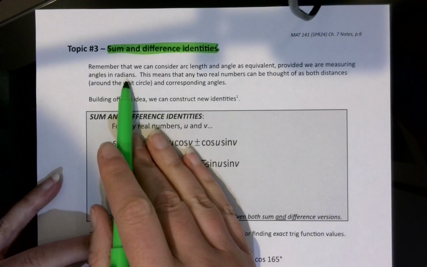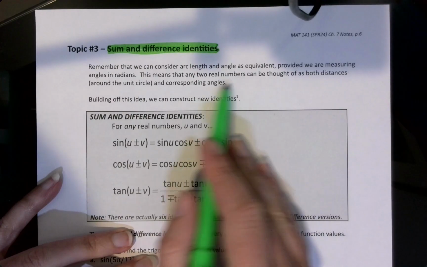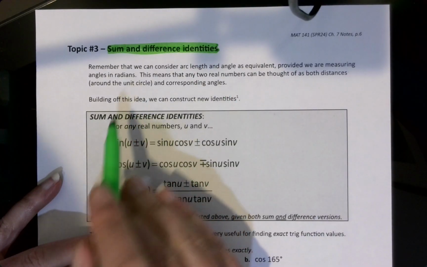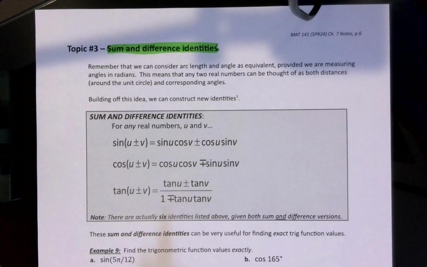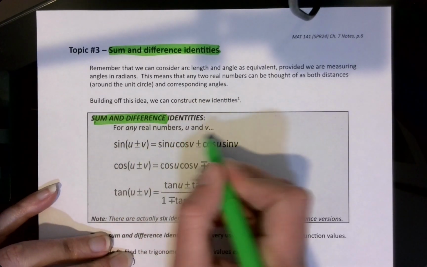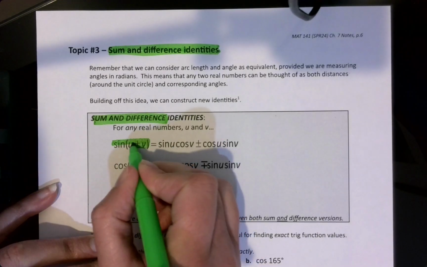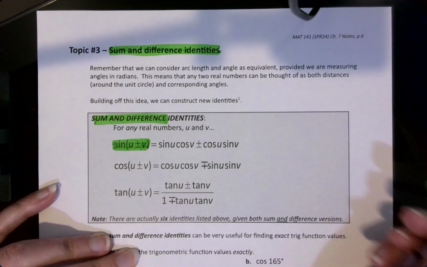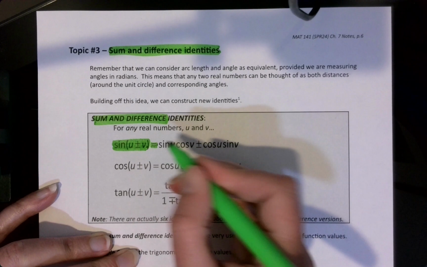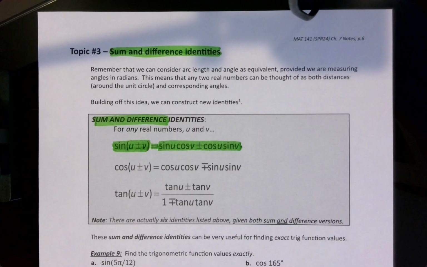So the sum and difference identities say that for any angles u and v, the sine of u plus or minus the angle v is going to be equal to the sine of u times the cosine of v plus or minus the cosine of u times the sine of v. Now, I want to emphasize that this is a shorthand notation for writing two different identities, not one identity here, sum and difference identities.